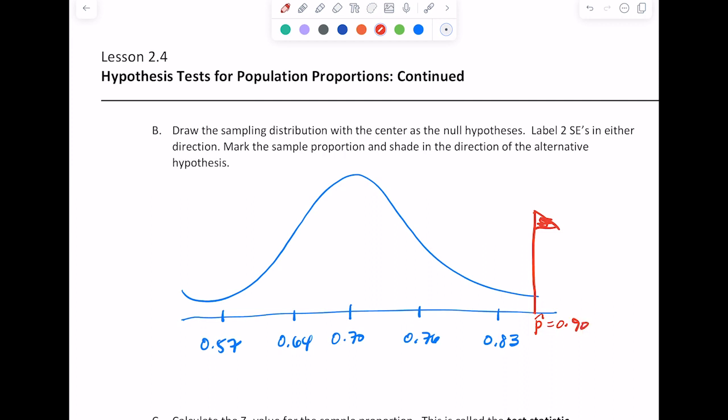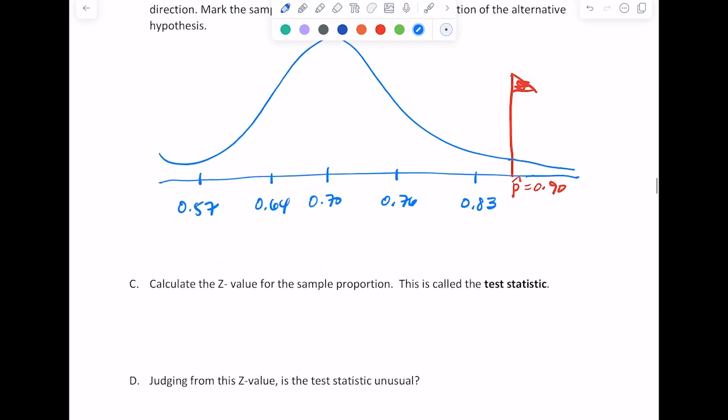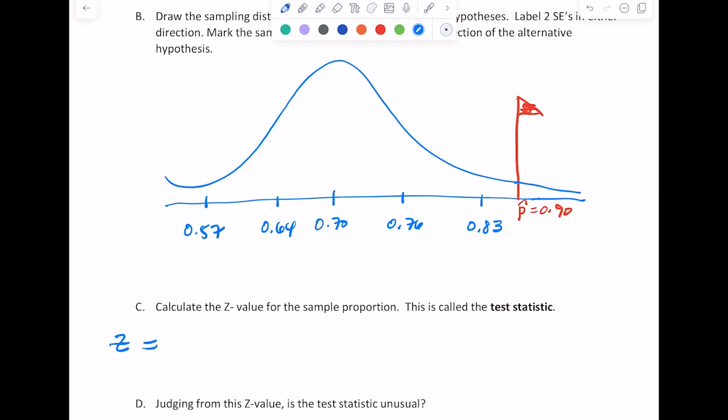So I need to figure out how many standard deviations away from the mean that would be. So I need to calculate the z-score. And when you do this, you should end up with 3.0864. So it's more than 3 standard deviations away from the mean.